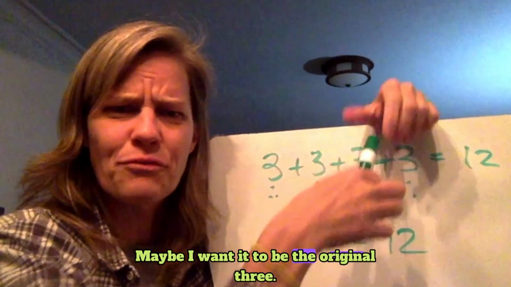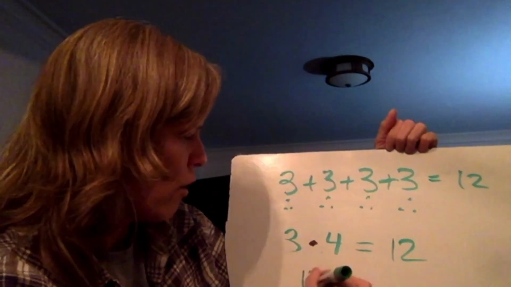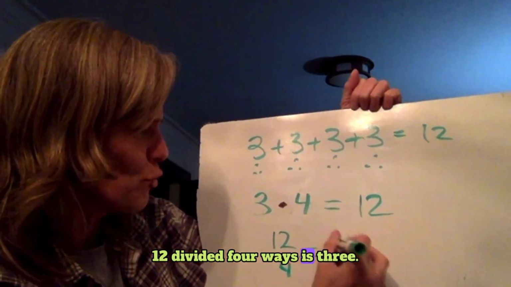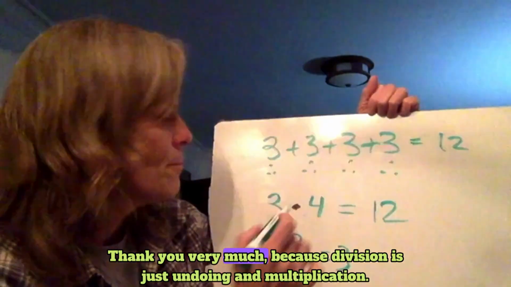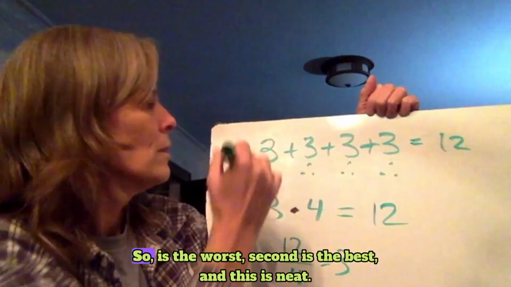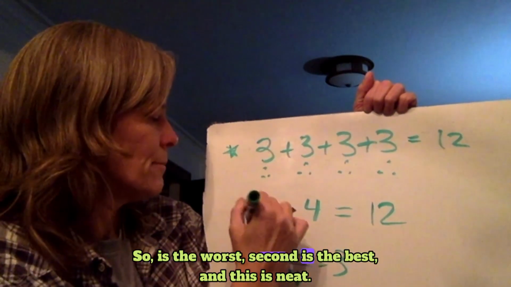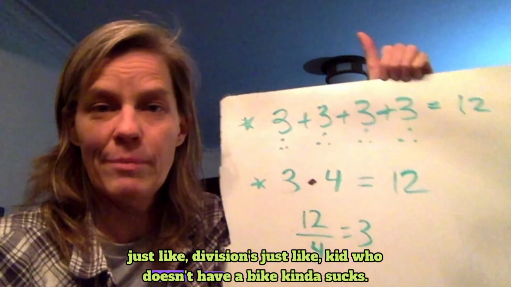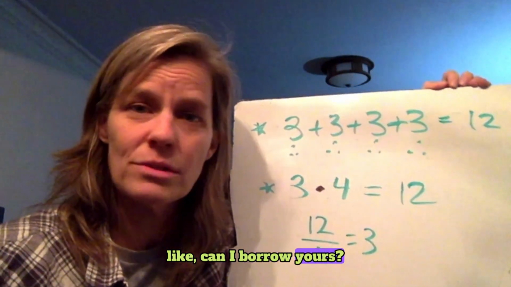Maybe I want it to be the original 3. Okay, fine. 12 divided 4 ways is 3. Thank you very much. Because division is just undoing of multiplication. So, first is the worst, second is the best, and division is just like the kid who doesn't have a bike. Kind of sucks. You're like, can I borrow yours?